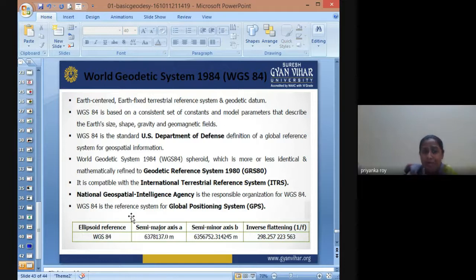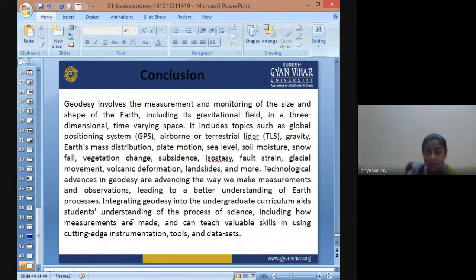It is close to that. Now, it is compatible with the International Terrestrial Reference System, the ITRS. The National Geospatial-Intelligence Agency is responsible for organizing WGS 84. Now, WGS 84 is the reference system of the Global Positioning System, the GPS that we are using in today's time.